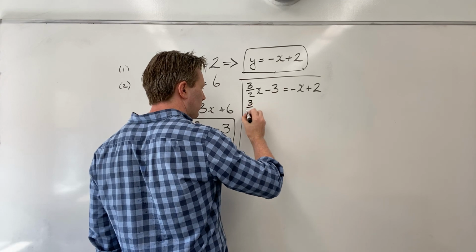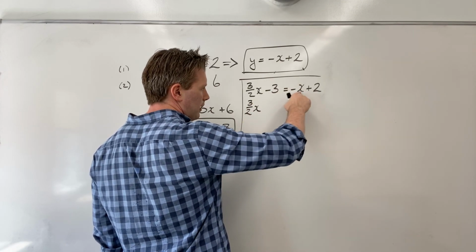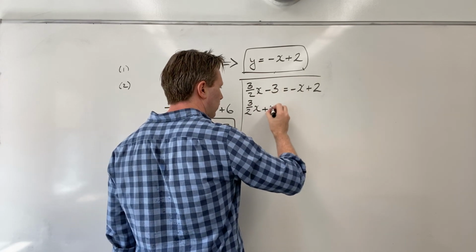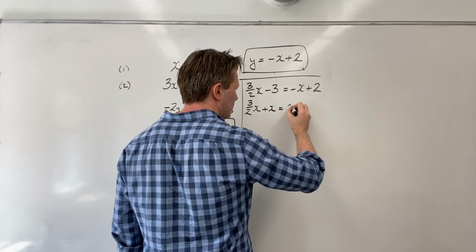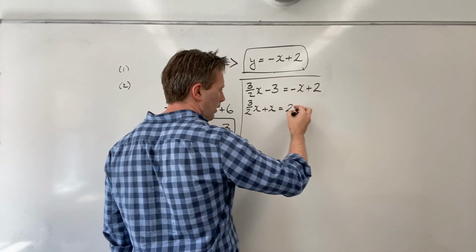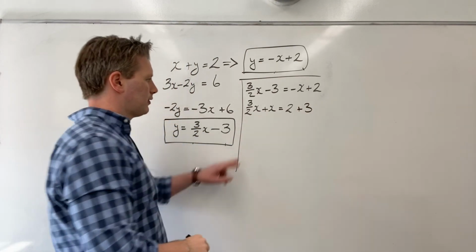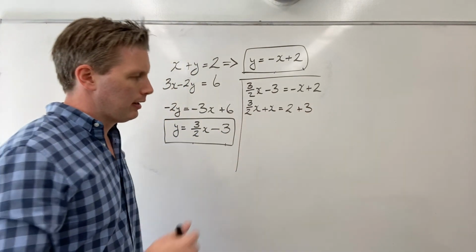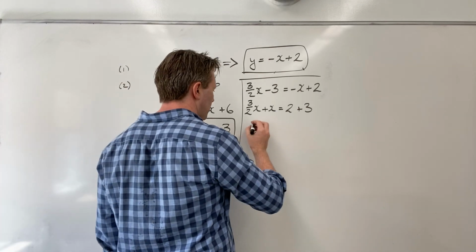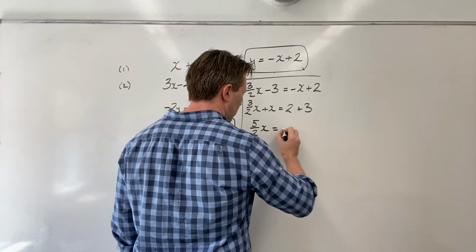So that will give me 3 over 2x plus x, when I add x to both sides, is equal to 2 plus 3, when I add 3 to both sides. 3 over 2x plus x is 1.5x plus 1x, which is 2.5x, or 5 over 2x. So 5 over 2x is equal to 2 plus 3, which is 5.